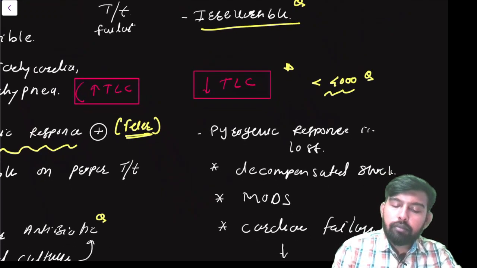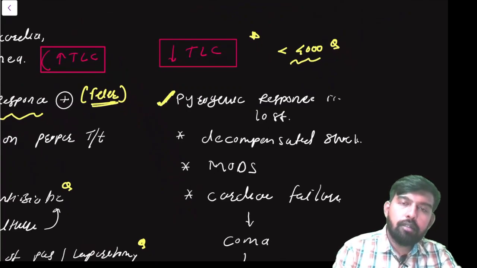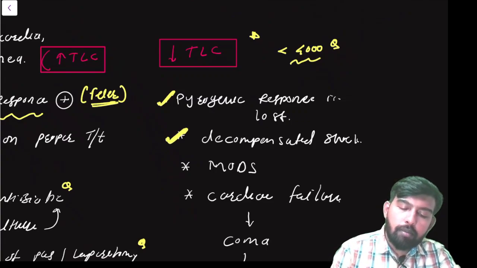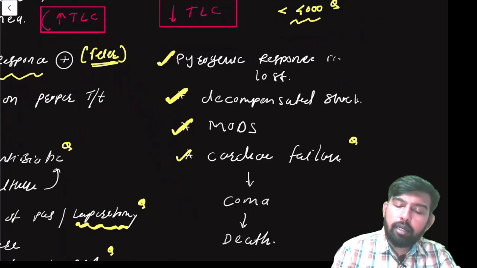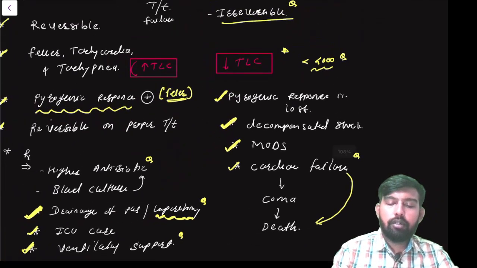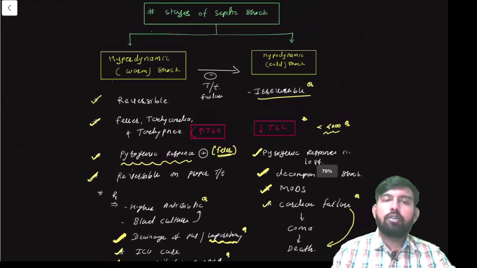The pyrogenic response is lost, the body's defense mechanism is lost. There is a decompensated type of shock, presence of multi-organ dysfunction syndrome, and there is cardiac failure, ultimately leading to coma and death of the patient. So this is the classification of septic shock.